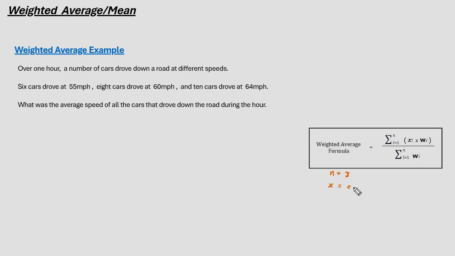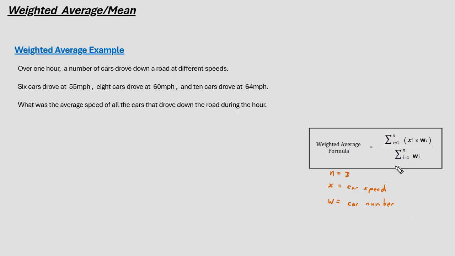So x will represent a car speed, and w the weighting, the weight being how many cars at each speed there were. So w will be a corresponding car number, the number of cars.